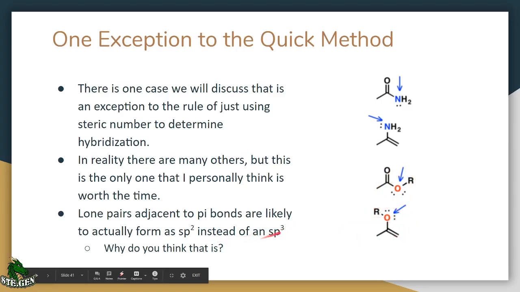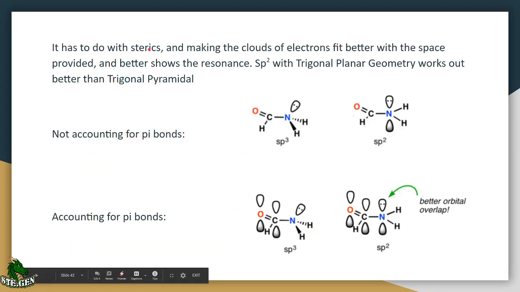All of those would technically, by our rules, have an sp3 hybridization, but all of these are more likely to be sp2. So I'm going to give you a moment to think about that and see if you can figure out why that is. It's another really complex kind of logical leap you've got to make, so don't feel bad if you don't. The reason for that is because of sterics and making electrons fit better in their cloud.